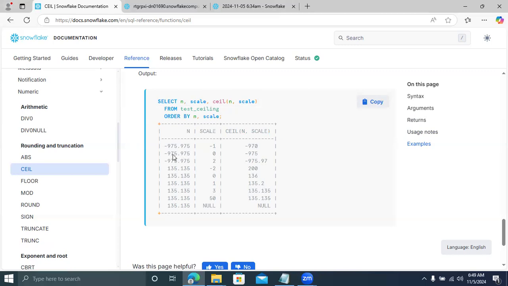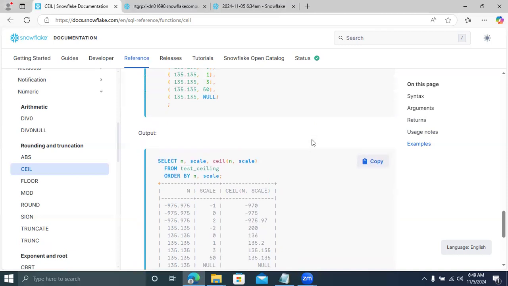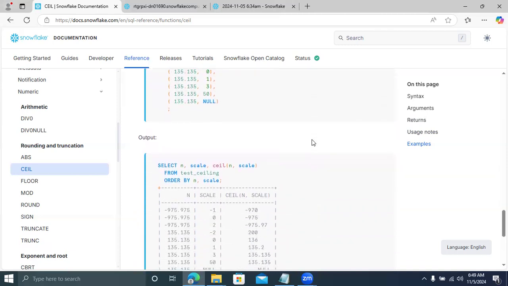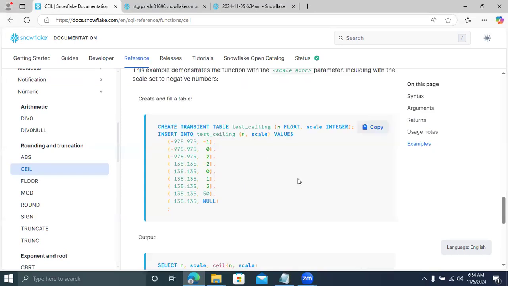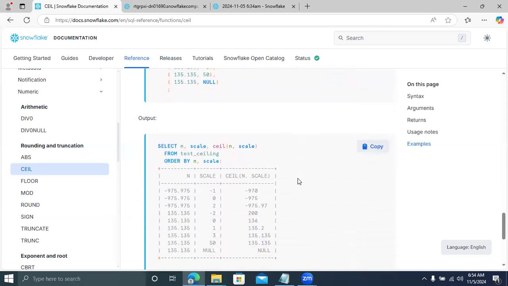Now, what is happening is minus 970.975. The scale value is minus 1. Let's see how it behaves. Just one second.